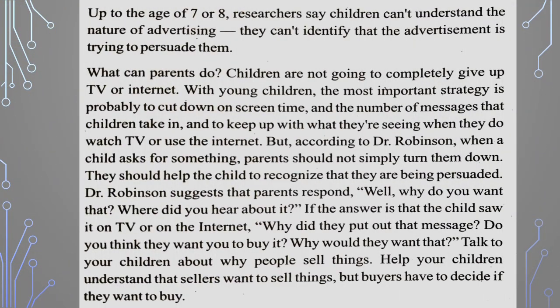Let's continue. In the next slide, we have: up to the age of 7 or 8, researchers say children can't understand the nature of advertising. They can't identify that the advertisement is trying to persuade them.